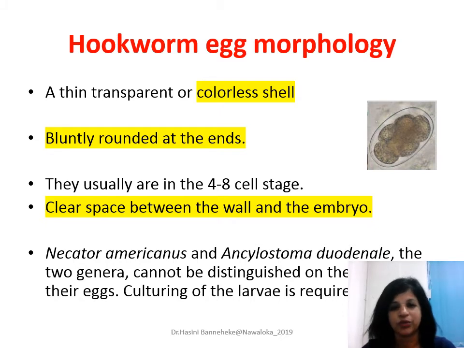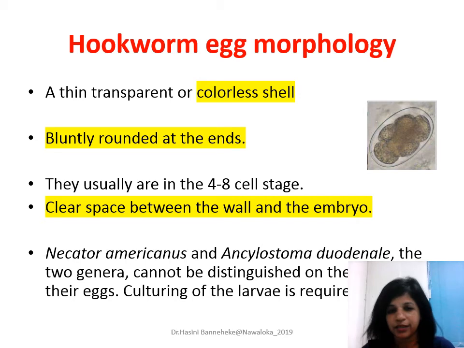So what was shown to you was an egg of Necator. Rather, in general, we can call it a hookworm egg. I hope you noticed that it has a very thin wall, and it is oval in shape, and the whole thing is colorless, the shell is colorless, and the ends are bluntly rounded.